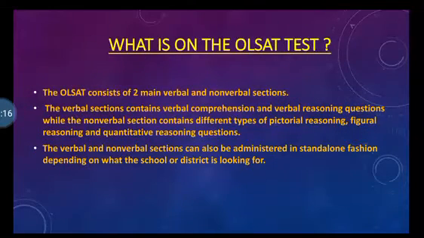Then what is on the OLSAT test? The OLSAT consists of two main sections, verbal and non-verbal. The verbal section contains verbal comprehension and verbal reasoning questions, while the non-verbal section contains different types of pictorial reasoning, figural reasoning and quantitative reasoning questions.